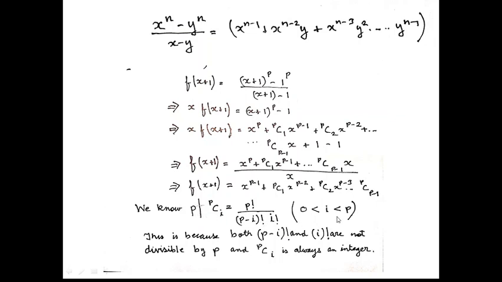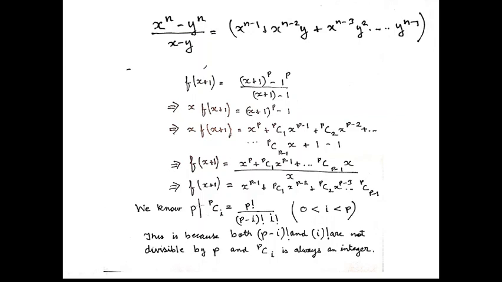Since p is greater than i, p is also greater than p minus i, so both i factorial and (p minus i) factorial contain only numbers less than p, and p, being prime, has only the factors 1 and p. Also pCi is an integer, so p always divides pCi if p is a prime.